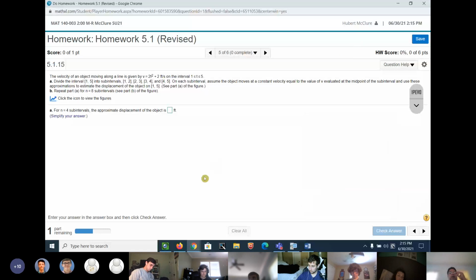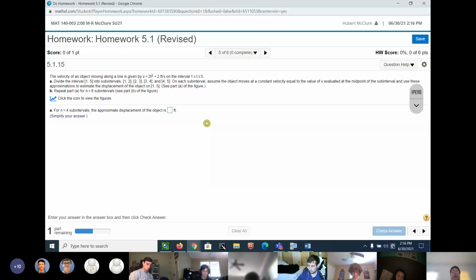All right, the velocity of an object moving along a line is given by the graph v equals 2t squared plus 2, over the interval, or the domain, 1 through 5.